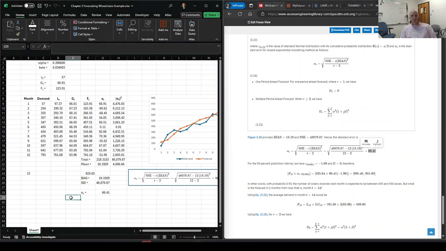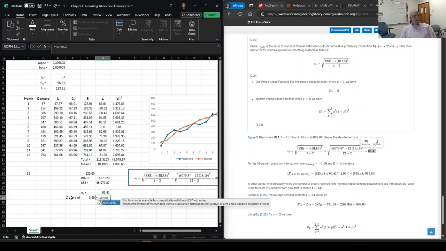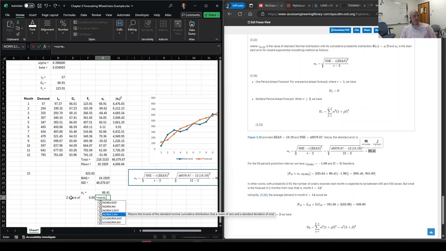Next, we need to do our probability. And this is going to be done with our z-score. What we're trying to do here is we want a 0.95 z-score. The way we do that is we're going to use the NORM.S.INV, which I think they redid this one. Yeah, the newer version, same calculation. NORM.S.INV. And the probability here, we talked about this in class, we're going to do 1 minus 0.95 divided by 2.